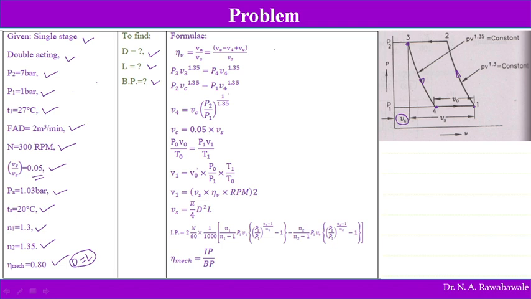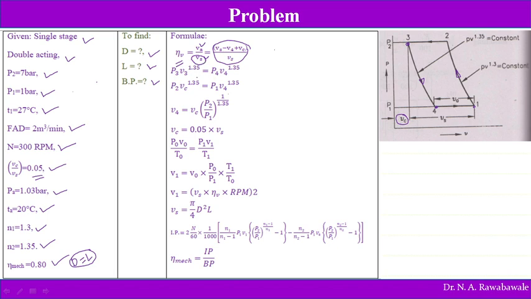To find these, we must know the swept volume. Volumetric efficiency is given by VA divided by VS. VA is given, so from volumetric efficiency we can find Vs, and from Vs we can find D and L.